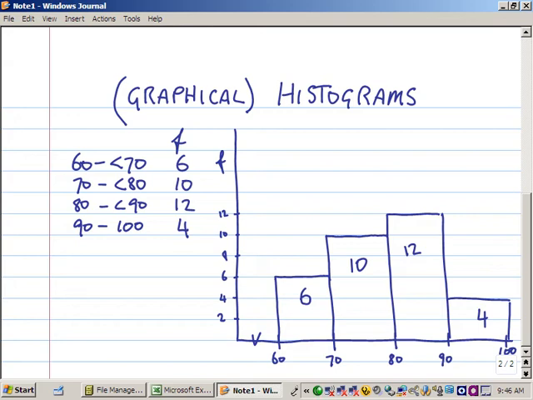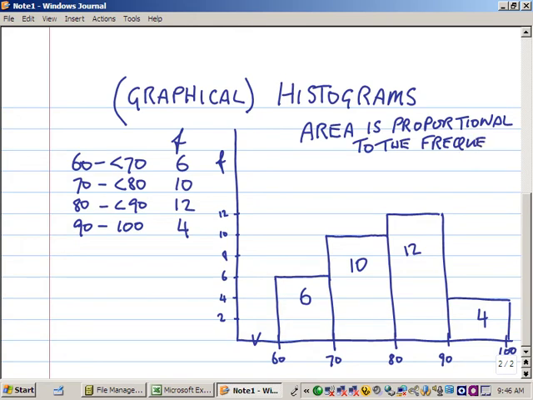In the long run, we will have area of these blocks being equal to or proportional to the frequency. Okay, in this case, the width of each of these blocks are all the same, so the height tells you the area. Alright, these numbers that I put here, 6, 10, 12, and 4, is the area. Okay, it's also the height though.